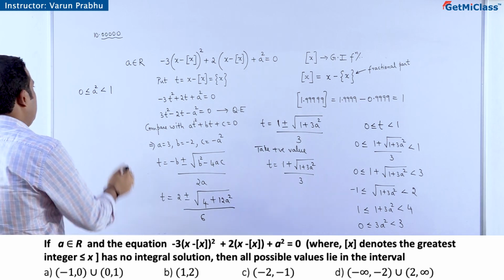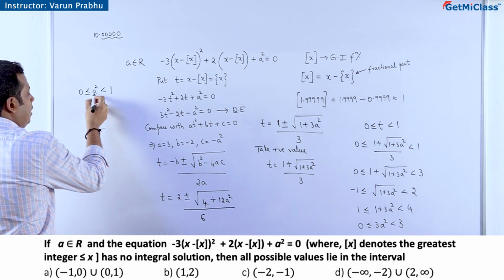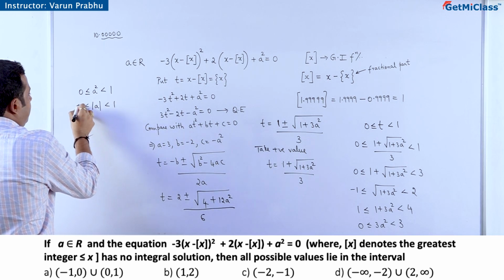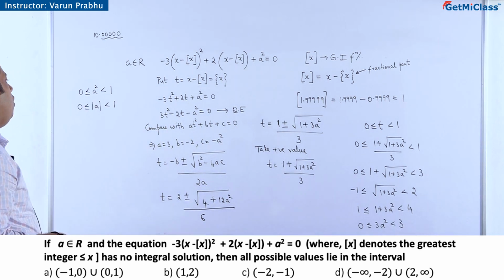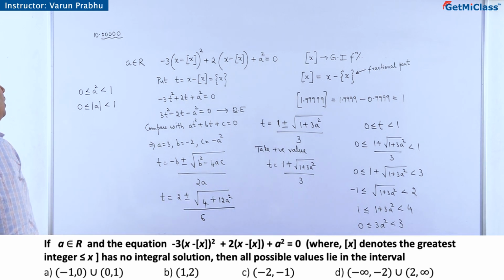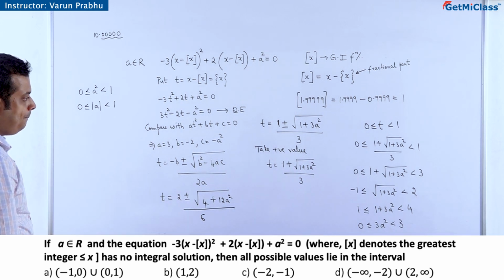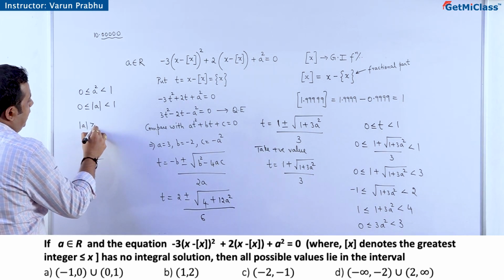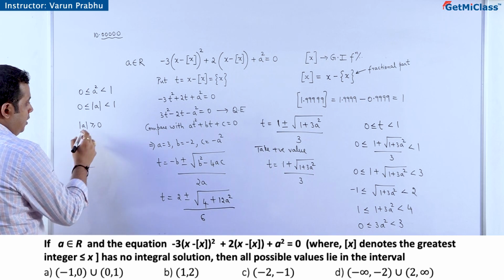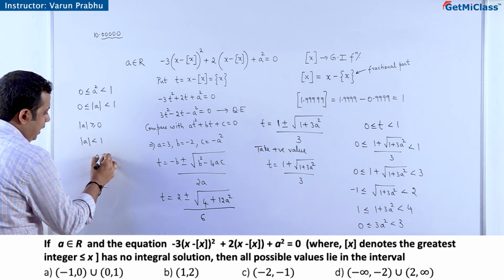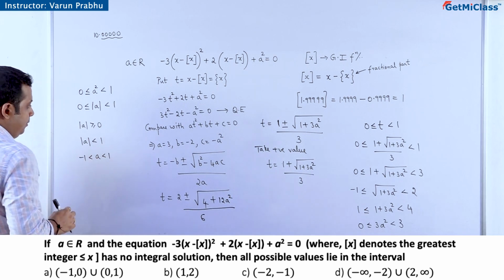So for your value of a, I can say here mod a lies between 0 and 1. Correct? Mod a lies between 0 and 1. Yes or no? So we can say mod a greater than or equal to 0 and mod a less than 1, which means a lies between 1 and minus 1.